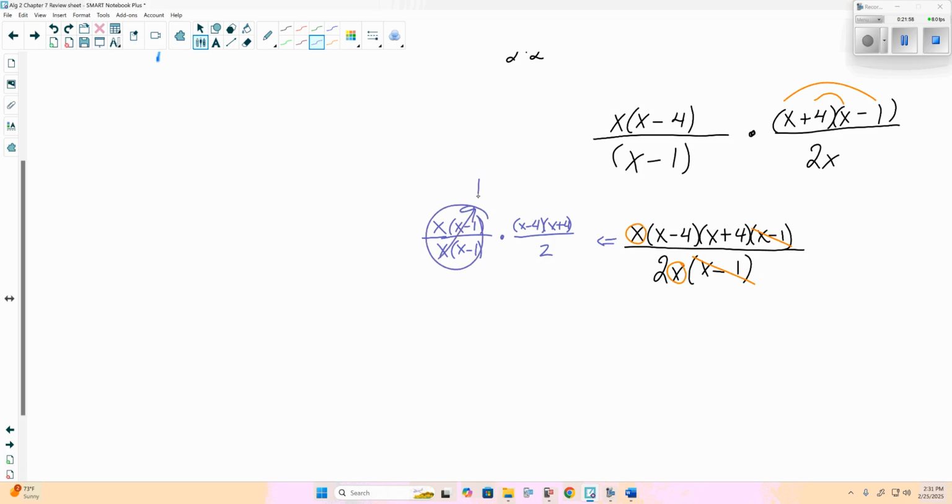This is 1, leaving us with x plus 4 times x minus 4 over 2. That's the nice thing with multiplication, is that x times x minus 1 times our x plus 4 times x minus 4, we can split them apart, put them back together. Addition and subtraction is not as nice with doing that.